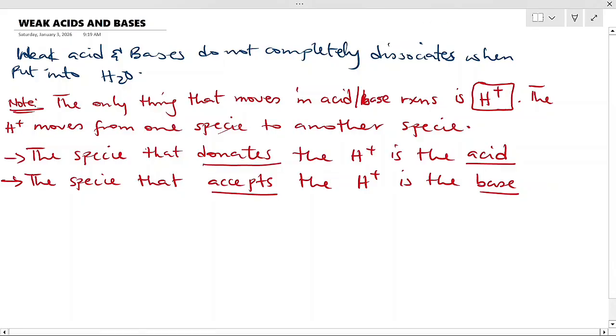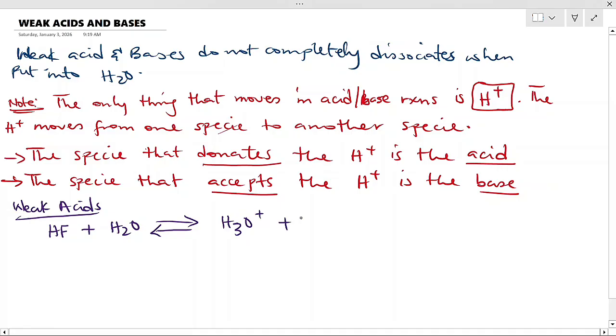Let me do this in purple. So we have a weak acid. An example, hydrogen fluoride, is a weak acid. When put in water, it does not completely dissociate, so there's a forward and backward reaction. What you have here is H3O plus and F minus.